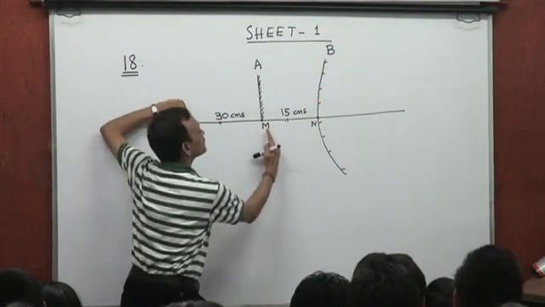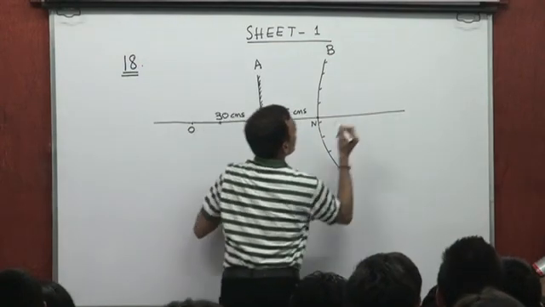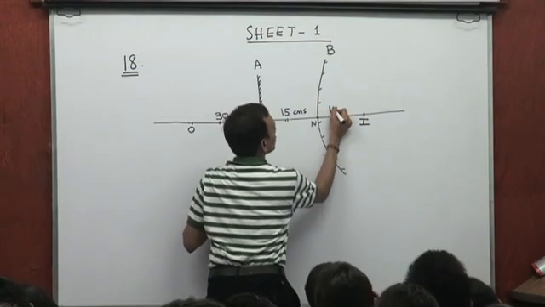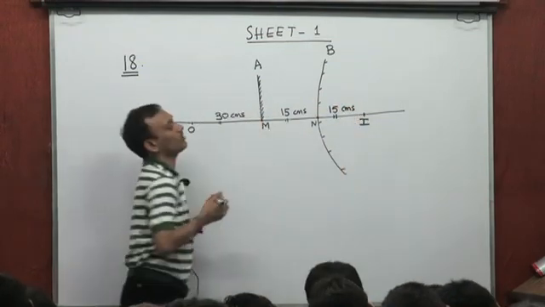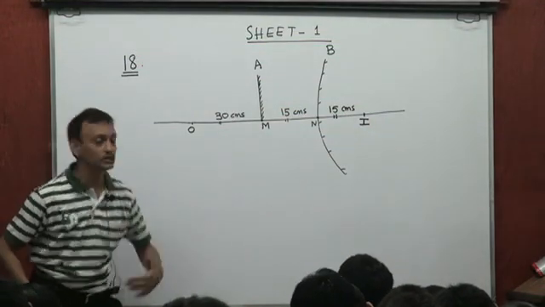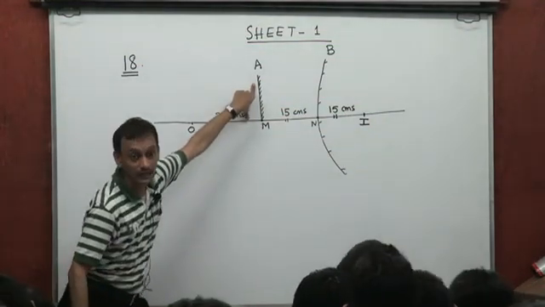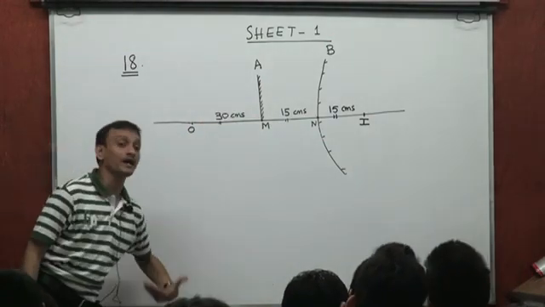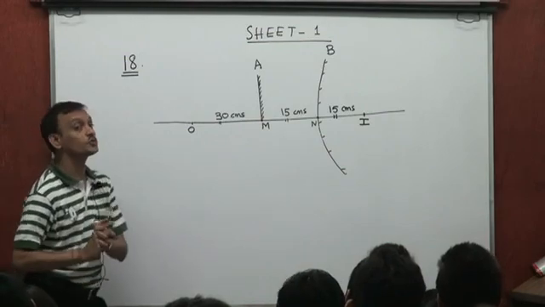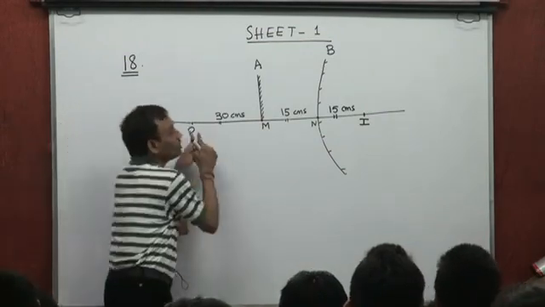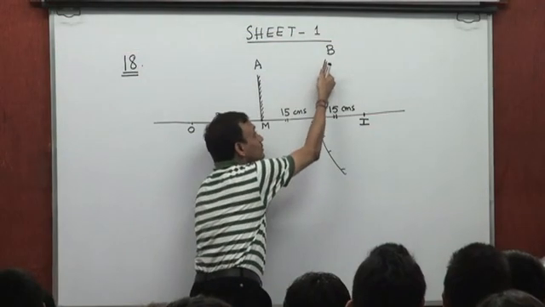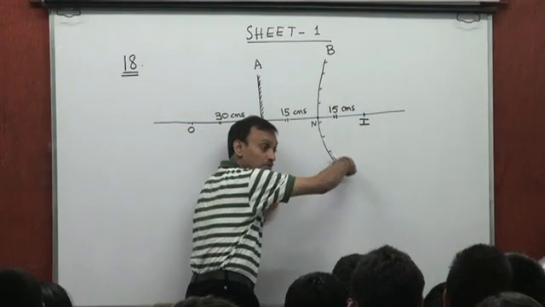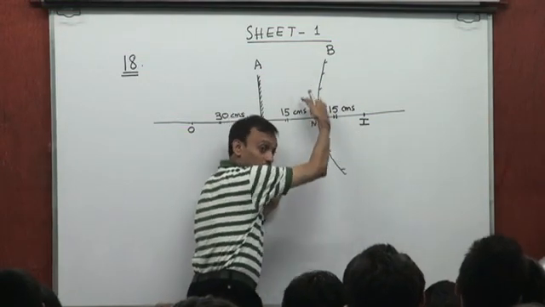That means 30 centimeters behind M is I. 15 centimeters behind the convex mirror is the virtual image of the object O formed by the plane mirror, right? This I also is the image of the object O formed subsequent to reflection from the convex mirror.